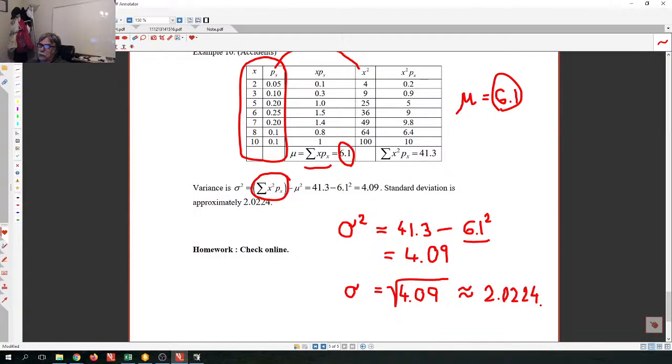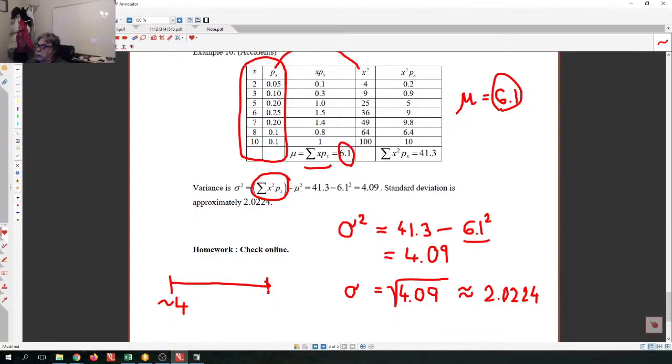So you can go down 2, you can go up 2, so you can go down to 4, you can go up to 8.1 something. And this range between 4 and 8.1 something is going to happen 2/3 of the time, which means that it's still possible to go even higher or lower than that. So if you subtract 2.02 from 6.1, that would be approximately, I'm going to pretend like I got some calculation here done, 4.